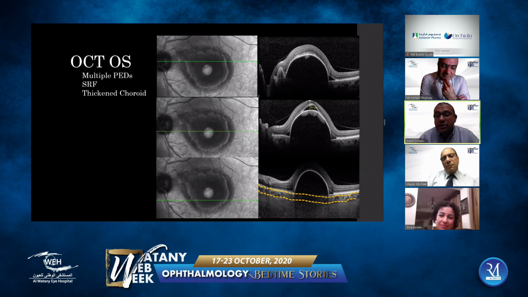So when I have a choroidal lesion, like for example CSR or PCV, I would go for aflibercept or Eylea as my primary choice. All right, excellent.